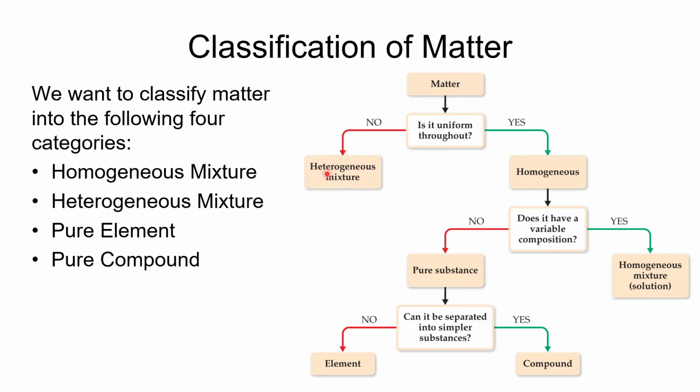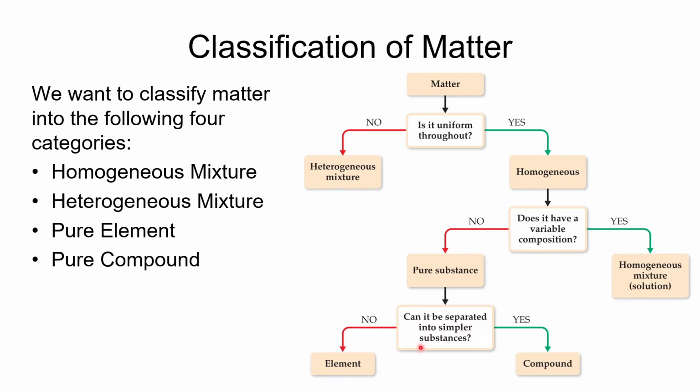Heterogeneous mixtures are quite important. But we have homogeneous, and that's going to include the homogeneous mixture, which we call a solution. We have pure elements and pure compounds. So if it had variable composition, that means if there's more than one substance in there, then we call that a solution. If there's only one substance, we would call that a pure substance.